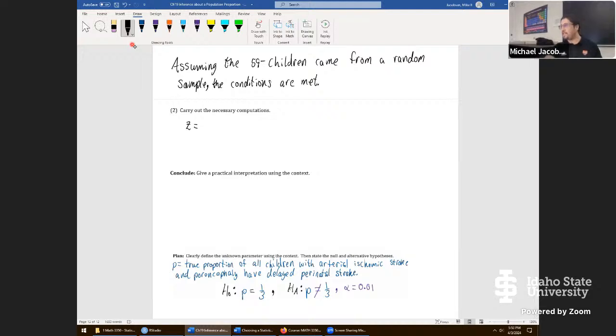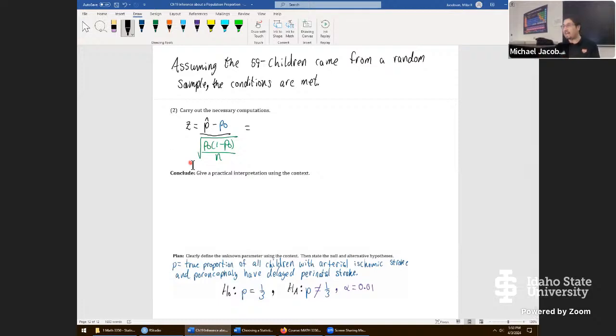Z is going to be calculated by taking p hat, subtract p naught, and we will divide by the true standard deviation of the statistic p hat, which is by formula the square root of p naught times 1 minus p naught, divided by the sample size n. So there's our formula. It's kind of clunky this time because of the situation with the hypothesis testing in this section, but we just have to deal with it.